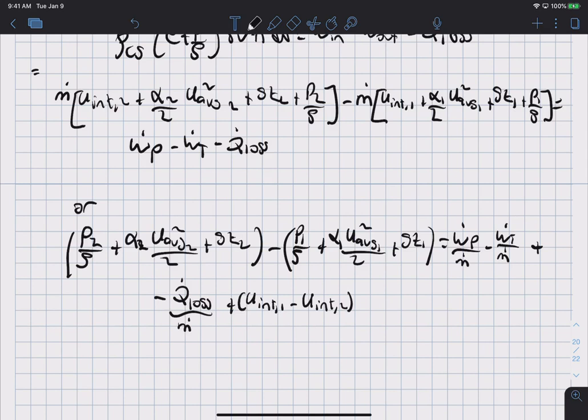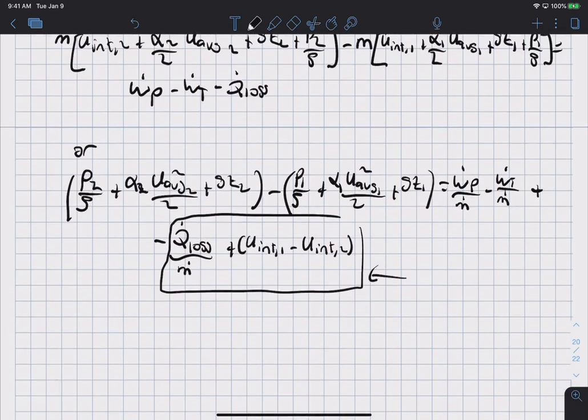Okay, and this entire term here is called the head loss.